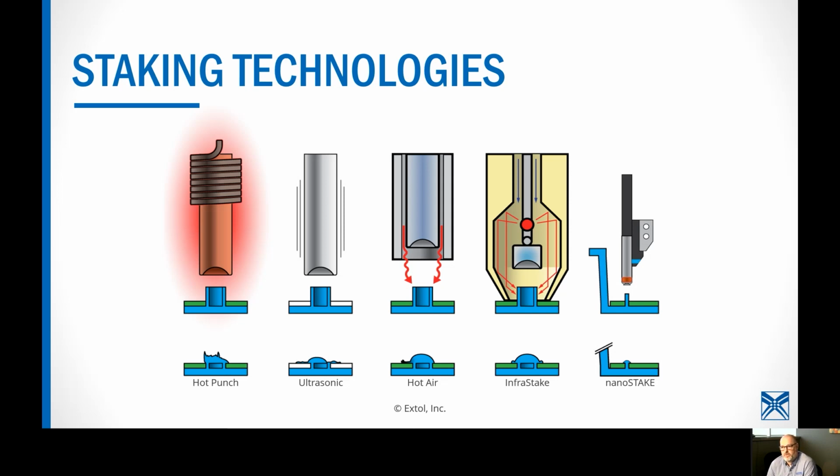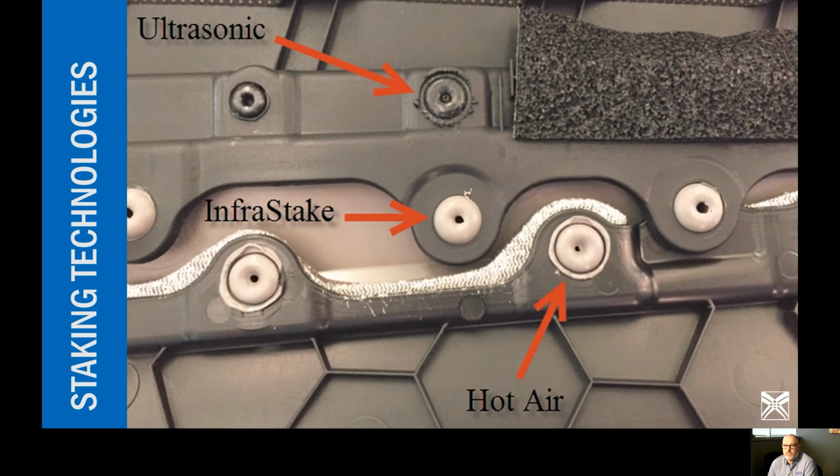We've developed both of those, but they're in the field with the other styles of staking as well. All staking technologies get you very similar results. They all have their challenges, but this slide demonstrates that we can get very similar results, if not superior results, using infrared over some of the other technologies.